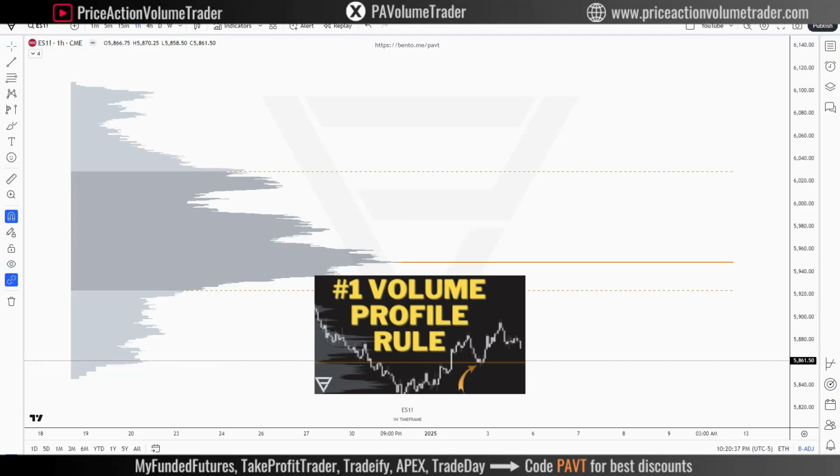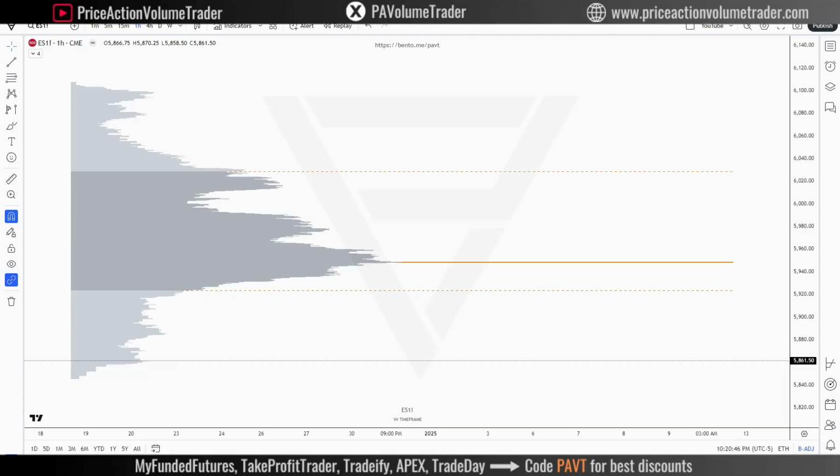But I talk on that video about how I mostly focus on taking trades around the low volume node areas because these are the levels where I expect to see rejections. Around the high volume node areas, price tends to get choppier.